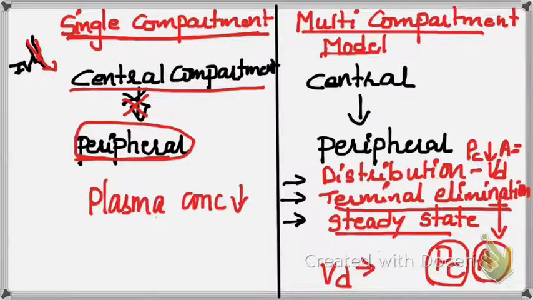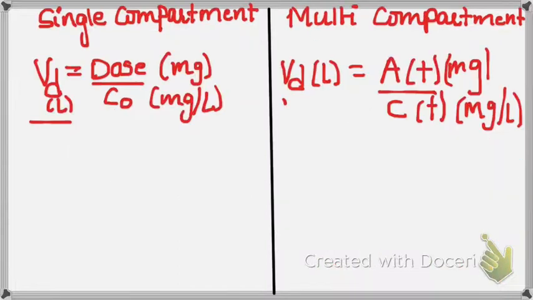So, another value of volume of distribution can be calculated at the steady state. This volume of distribution, which is also represented as the steady state volume of distribution, is most clinically relevant, and it is used to calculate the loading dose of the drug.